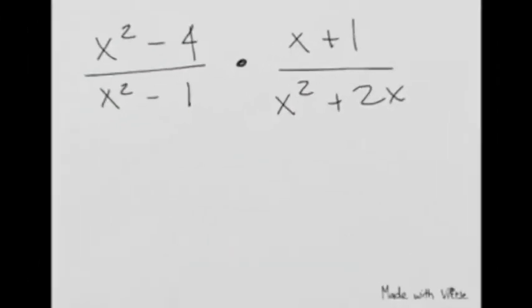We have x squared minus 4 over x squared minus 1 times x plus 1 over x squared plus 2x.